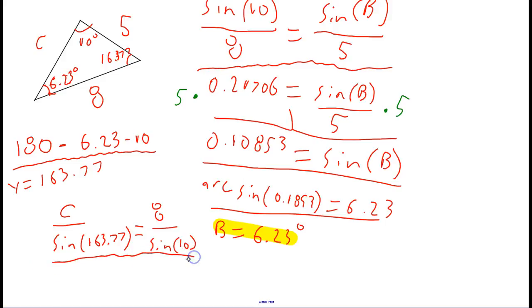And again, if you do the math on your calculator, I'm not going to do all of it. You should know how to do it by now. I'm sure you don't need to hear me repeat it for a fifth time. We'll give you that for side C. And we'll fill it in.